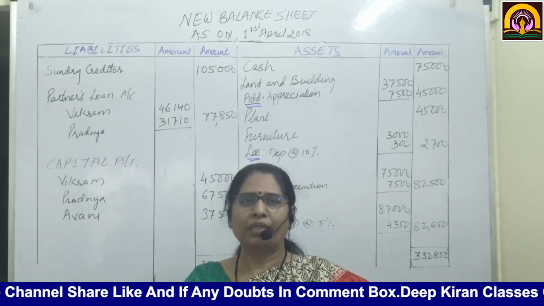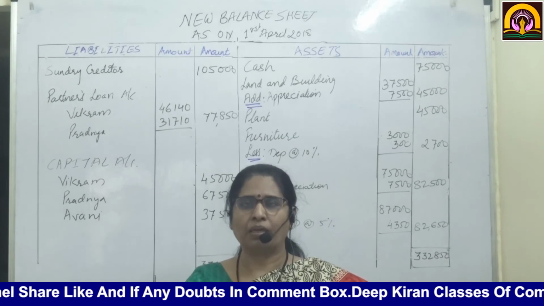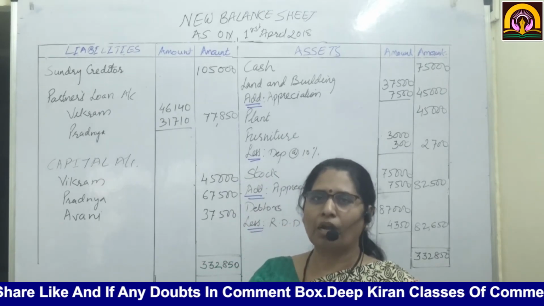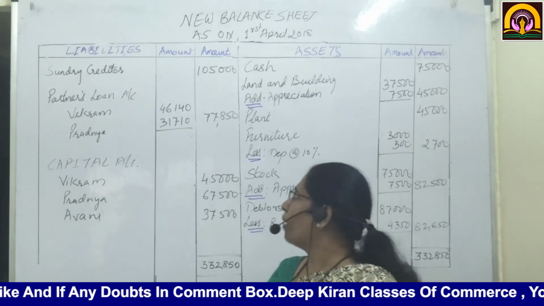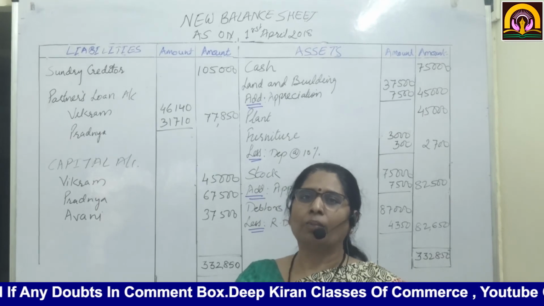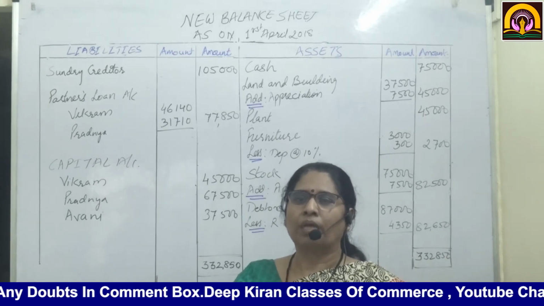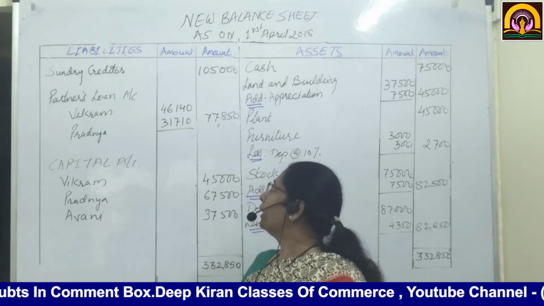Now Vikram and Pradnya have excess capital. See, the excess capital of Vikram was 46,140 and Pradnya's was 31,710.